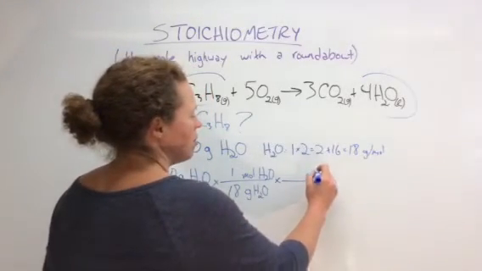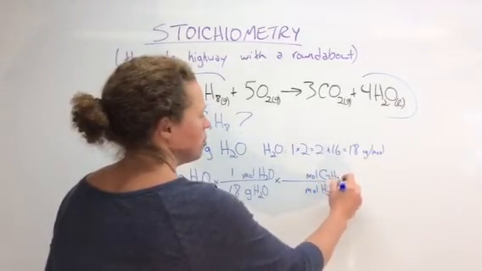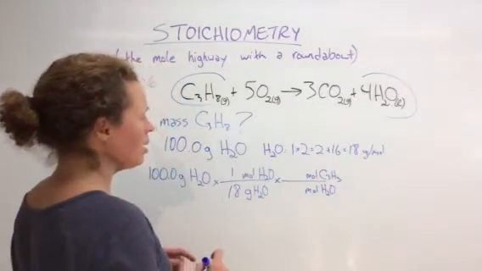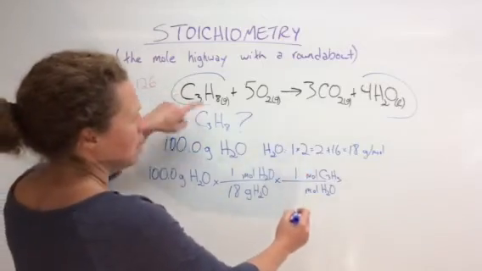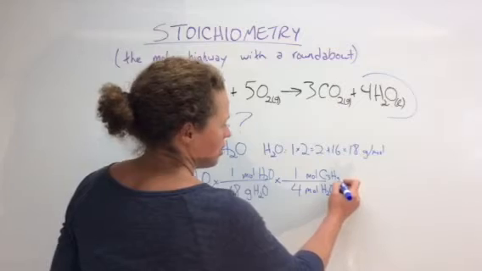Now I know I've got moles of water, so I can compare it to moles of propane. And 1 mole of propane is 4 moles of water, so I've got that sorted now.